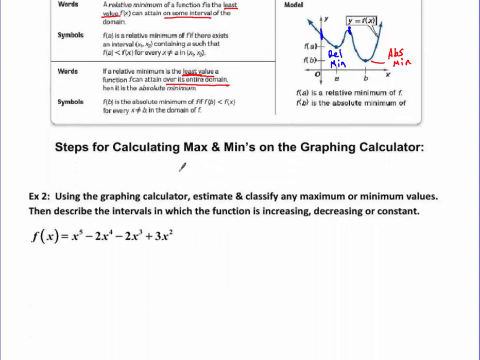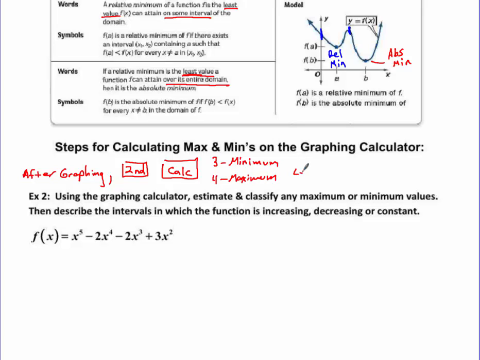So steps for calculating max and mins on a graphing calculator. After you graph something, so you put it in y equals, we take this thing right here and we put this in y equals on the calculator. There's going to be certain steps. So after graphing, you're going to push second, calc, and then you're going to either pick option 3 for a minimum or option 4 for a maximum.